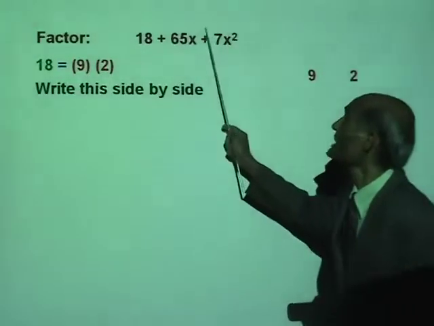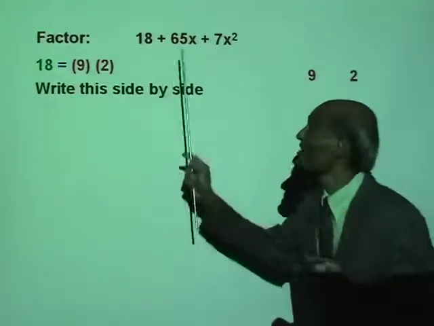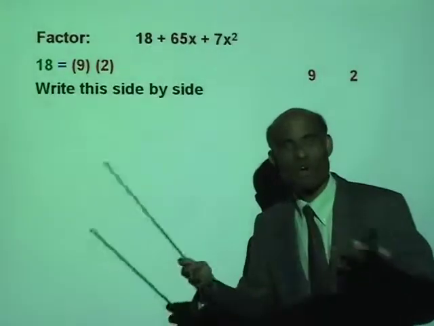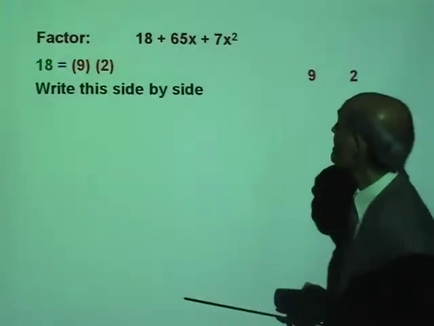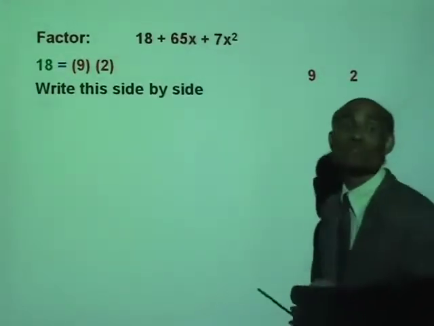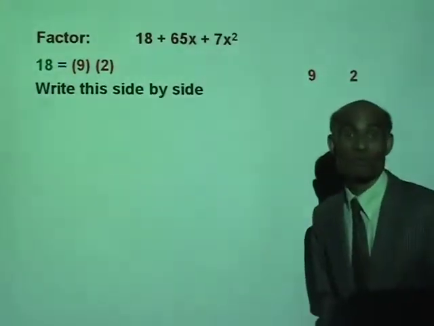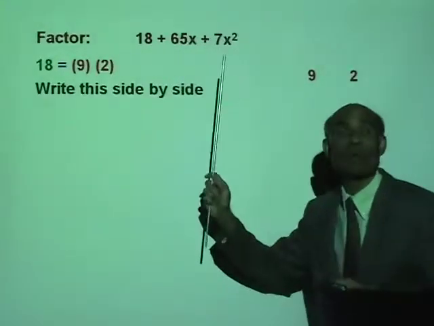And now factor 7x squared. You see, all these are positive, so it doesn't cause a lot of problems. Now, how do we factor that 7x squared? I'll tell you the clue. The clue is you need to produce a 65 in the middle.